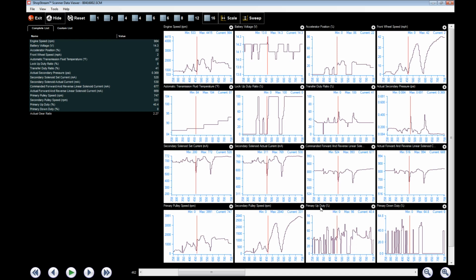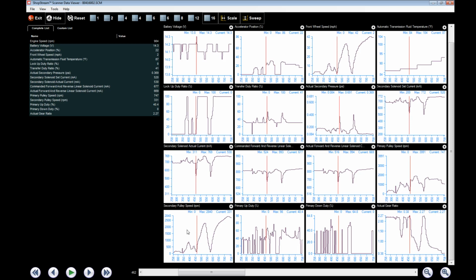The primary up duty percent is adding oil to the primary circuit to change the ratio closer to the overdrive position. When the primary up duty cycle has current, you will see no current on the primary down duty cycle. Went over this on another video, so I'm not going to go into it again too much. Primary down is draining oil from the primary pulley circuit, and the ratio is going closer to first gear.